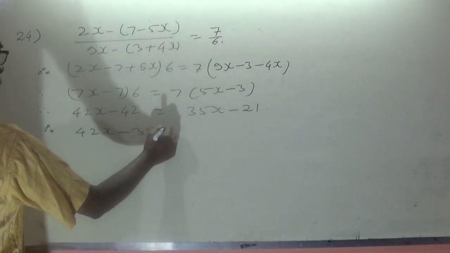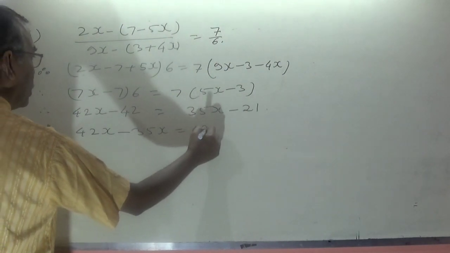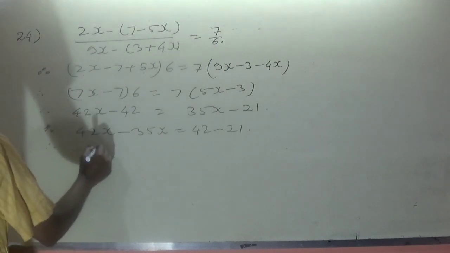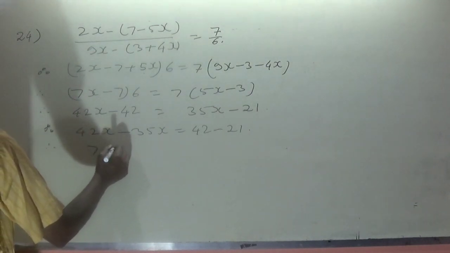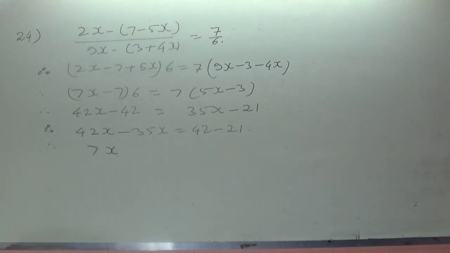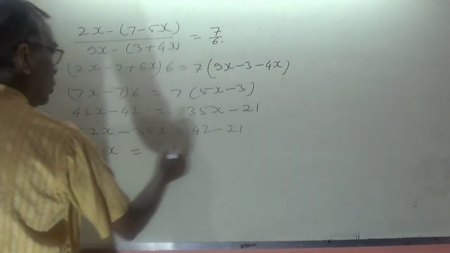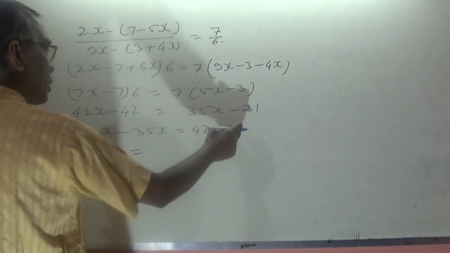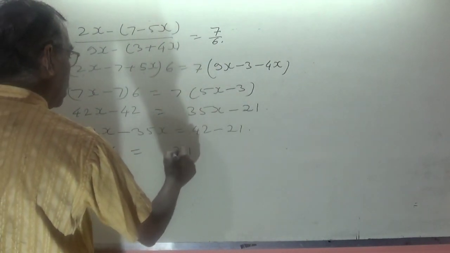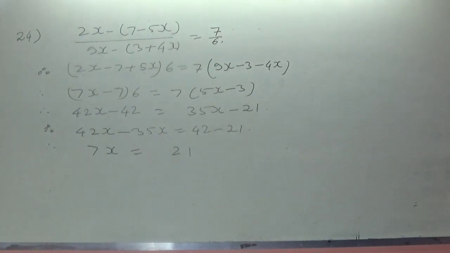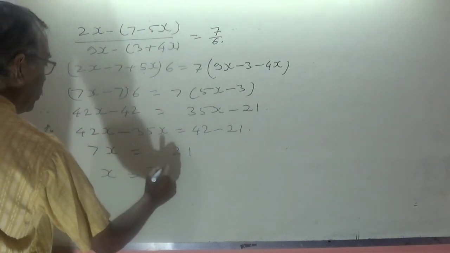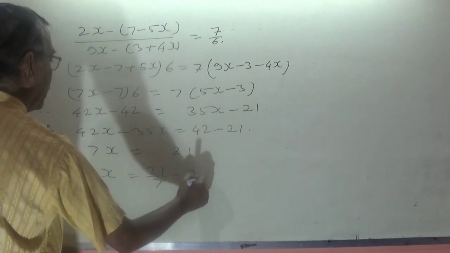Minus 35x is equal to plus 42 minus 21. Therefore, 7x, 42 minus 35, 7x will be equal to 21. Therefore, x will be equal to 21 by 7 is equal to 3.